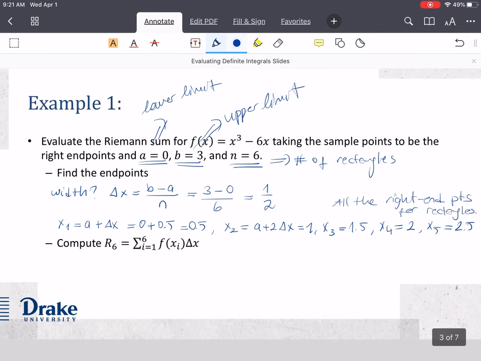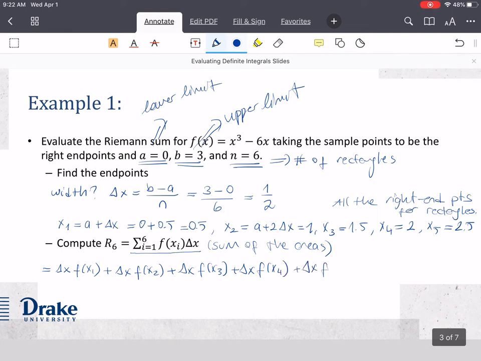Now I'm going to go ahead and compute the sum of the areas, right? This represents the sum of the areas. So I'm going to say the first rectangle will have delta x as the width, and height is going to be f of x1. And then I'm going to continue writing delta x for the second rectangle, and then f of x2, plus delta x f of x3, plus delta x f of x4, plus delta x f of x5.